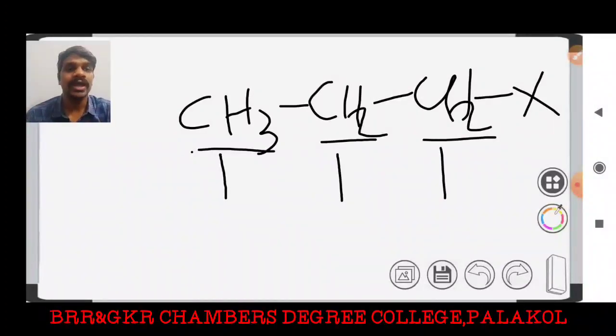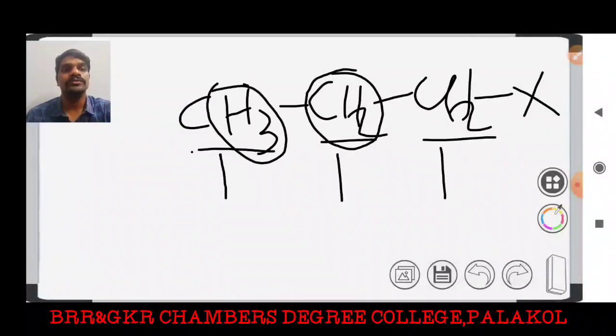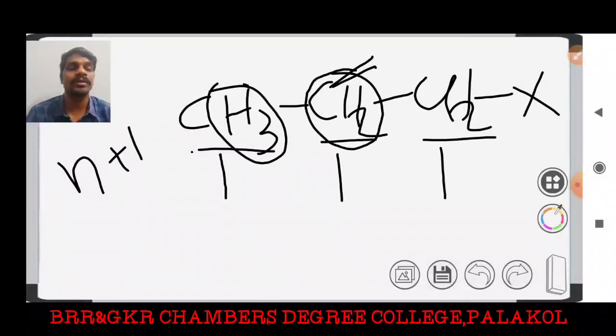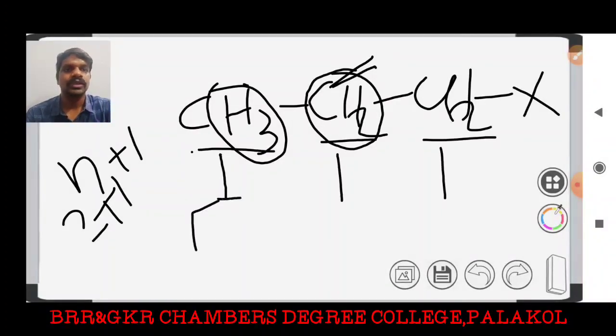Here the CH3 is adjacent to a 2-hydrogen-containing carbon. That means this environment of protons has 2 neighboring hydrogen atoms. According to the n plus 1 rule, the number of neighboring protons is 2, 2 plus 1 means 3, so the singlet is split into a triplet.